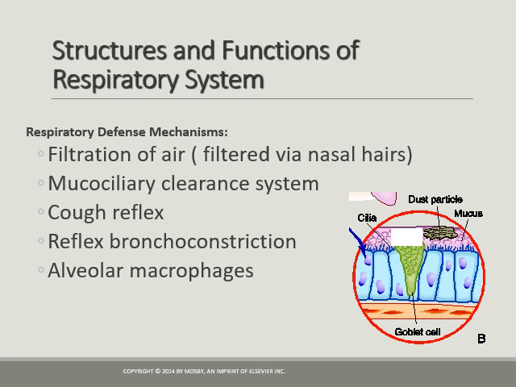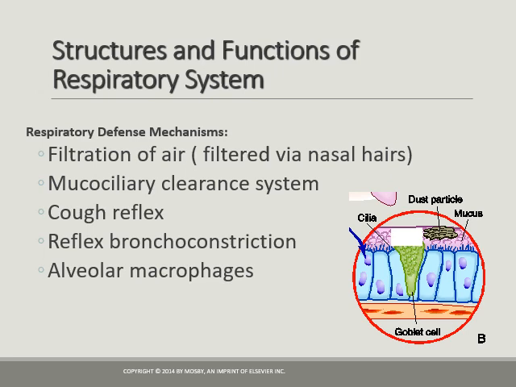More structure and function. So looking at the goblet cells, the mucus, and how they work, the cilia. So they're defense mechanisms. They basically keep us from taking bad stuff into our lungs. So we hope that they're working well. Keep in mind that when people smoke cigarettes or other things, a lot of times the cilia can be destroyed.